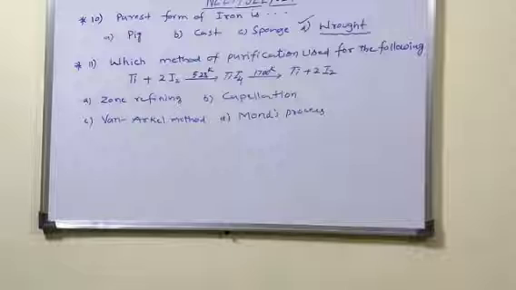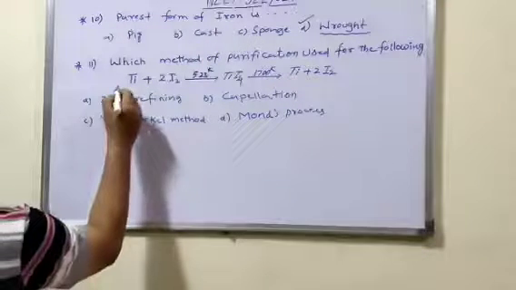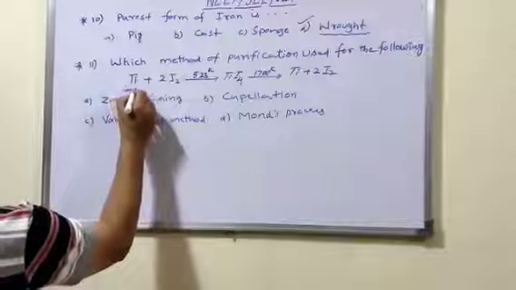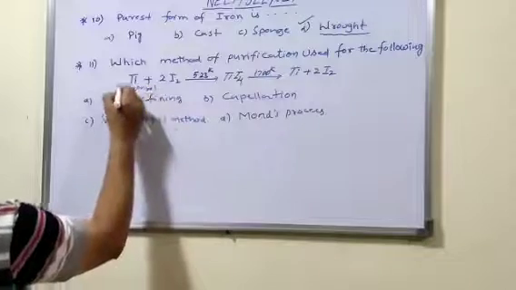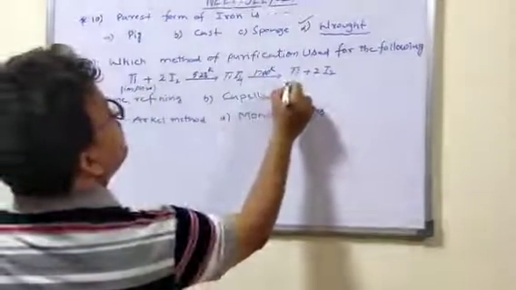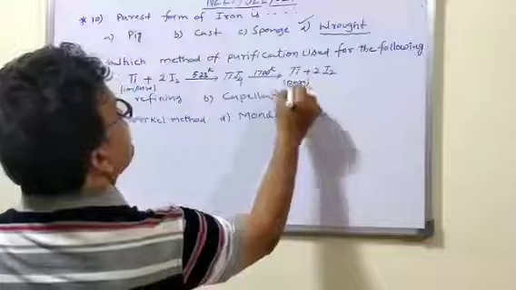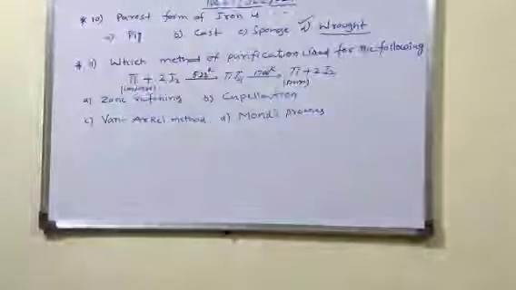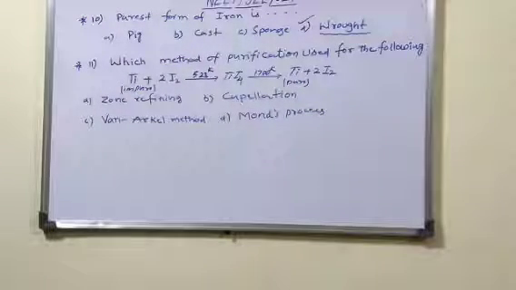Titanium with iodine. This is titanium we have impure, and this we have titanium pure. Titanium is treated with iodine, getting titanium tetraiodide, subjected to heat at high temperature, we got pure titanium. Which method?